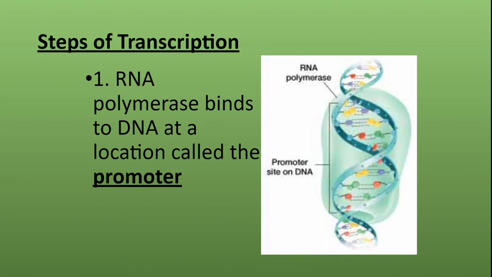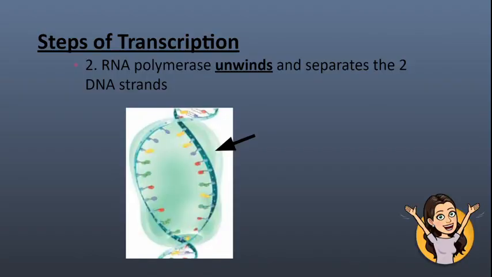So let's break transcription down. Step one is that RNA polymerase binds to DNA at a location called the promoter. So here is a promoter site on DNA, and this is your RNA polymerase. That polymerase is going to bind to the promoter to start transcription.